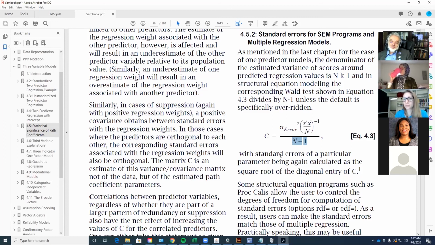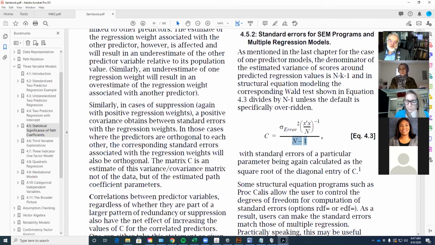You can slap the hands of SEM programs like Proc CALIS and tell them to divide by n minus k minus 1 if you want. That's somewhat useful if you're doing a regression with full information maximum likelihood. Generally speaking, it doesn't really matter unless you have a very small sample size. So if you have 1,000 people, the difference between 997 and 999 is slight, so you get essentially the same things out.